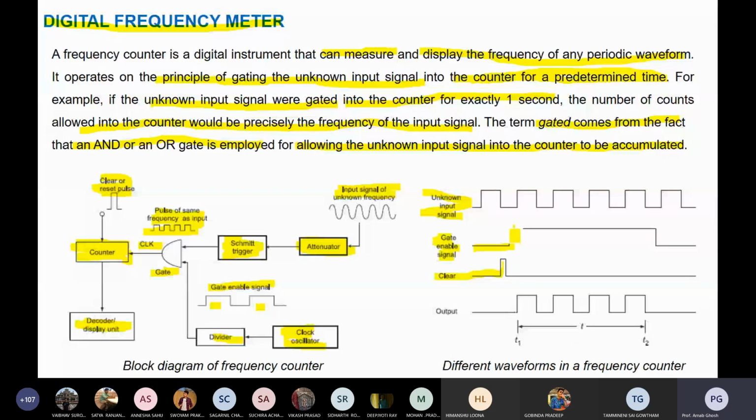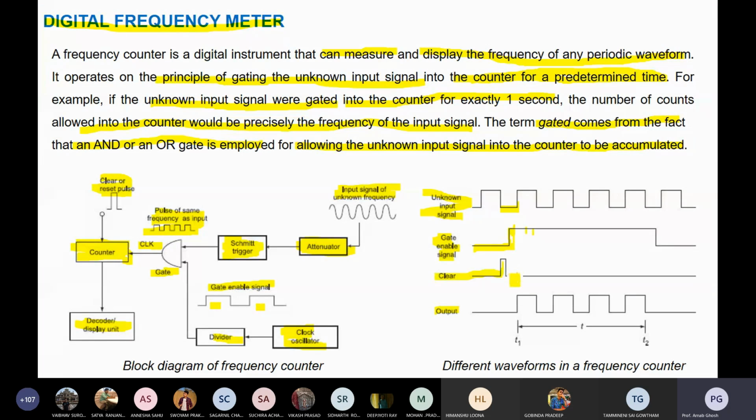That means when it is on, the gate is enabled, so the output will be on. How much time will it be on? When your unknown input signal is on again, it will be on up to that point. It is an AND gate, so it is on from the clear value. The clear value is turned on, so it is on.